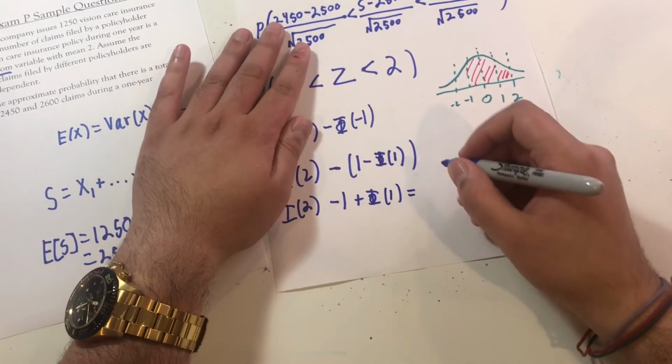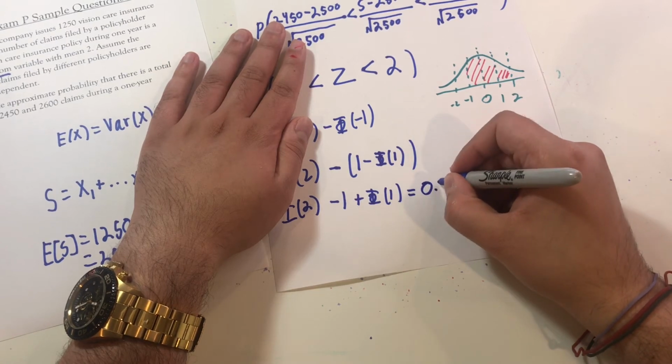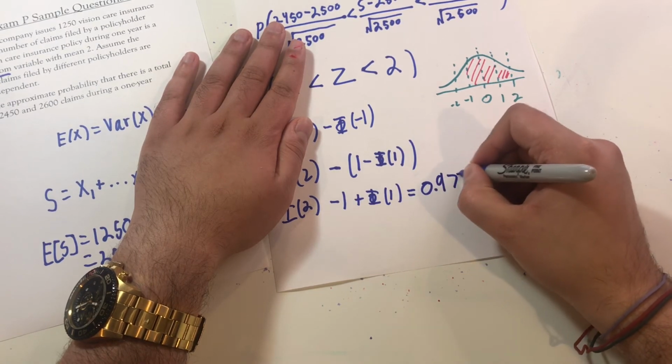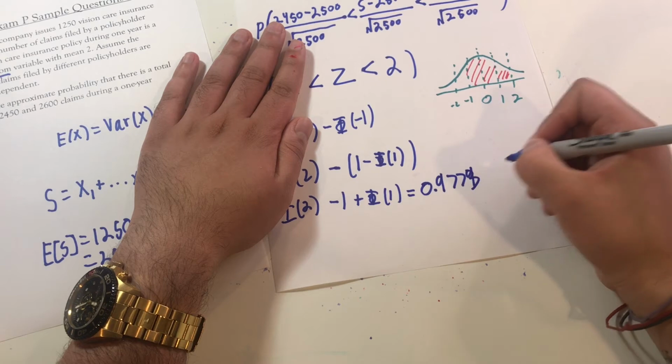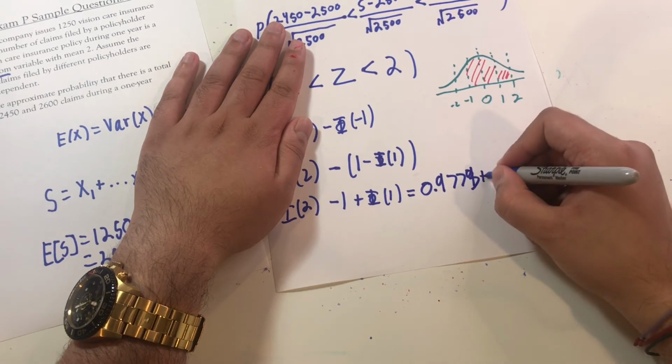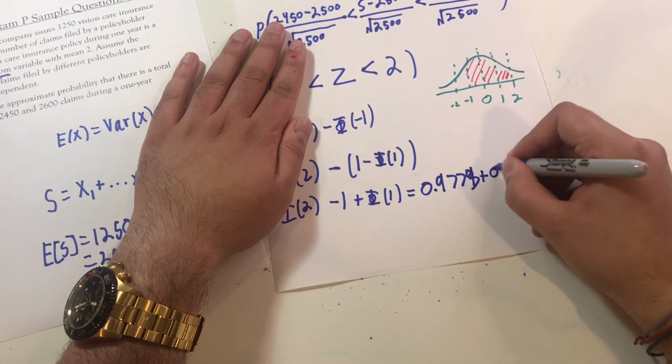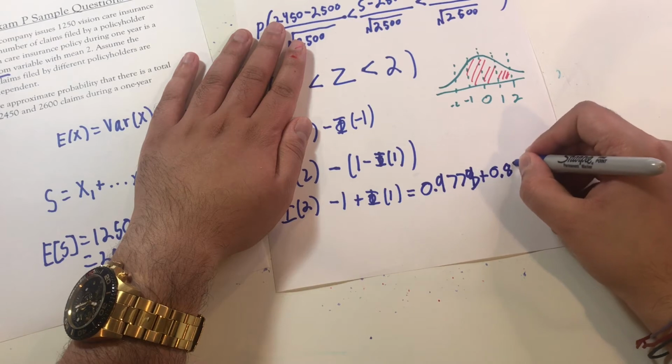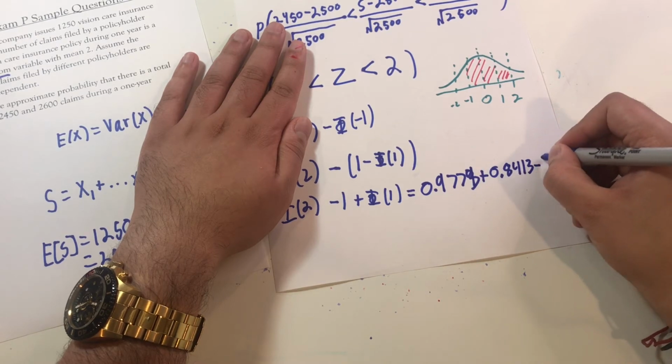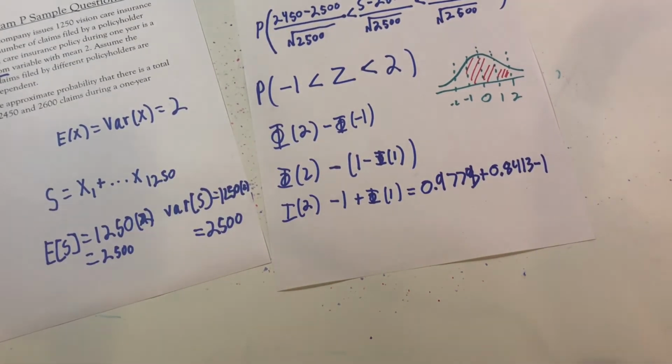And I finally get 0.9773 plus 0.8413 minus 1.